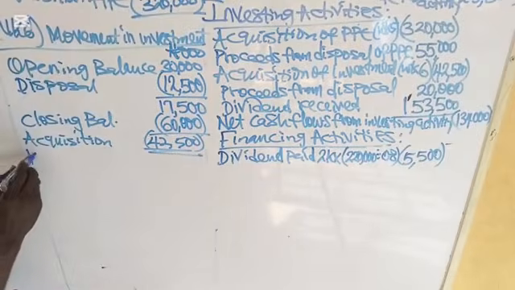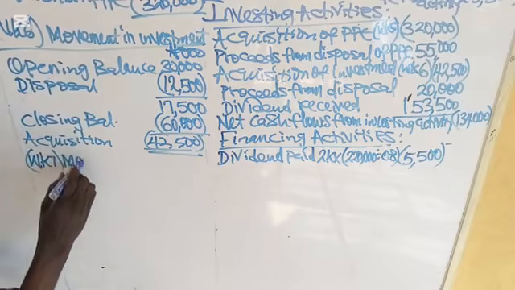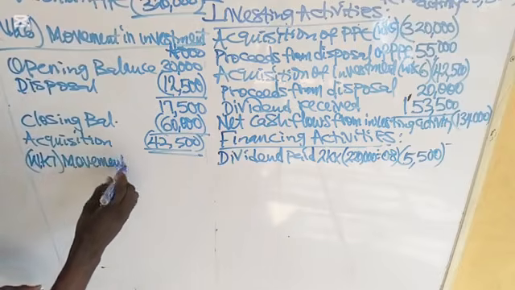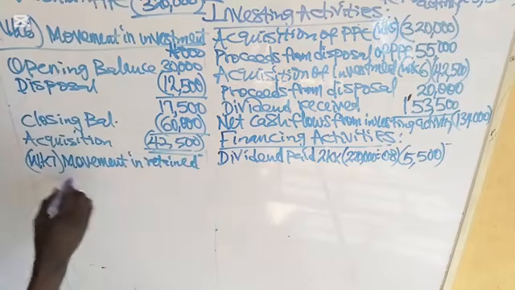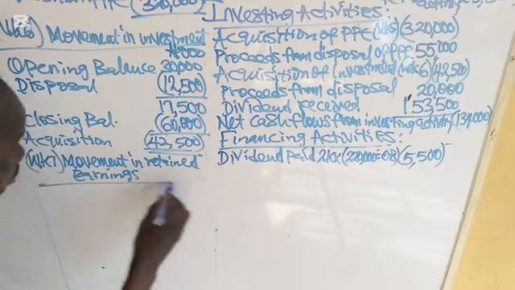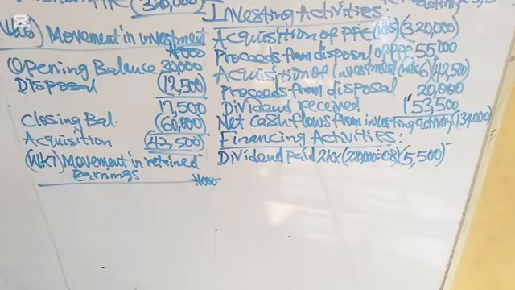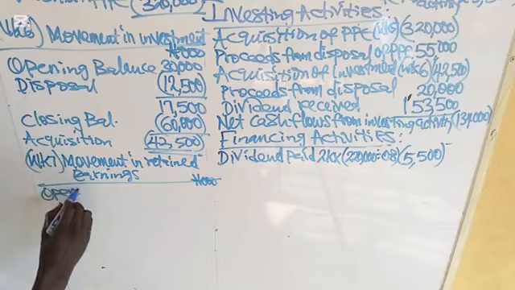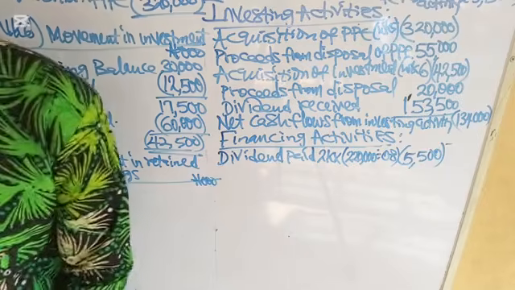Working number 6 and working number 7: movement in retained earnings. As usual, we start with what? Opening balance. How much is the opening balance?